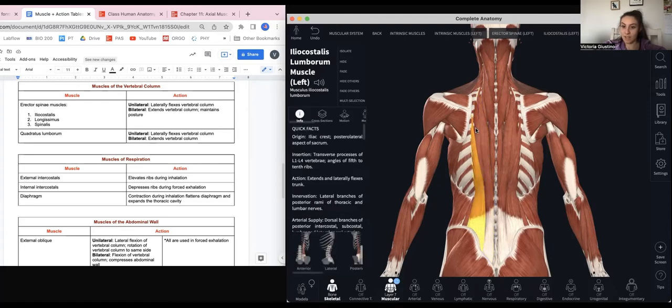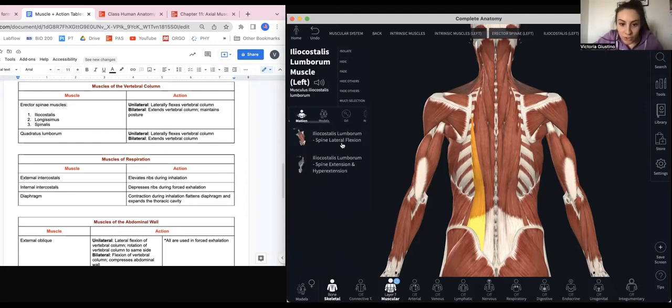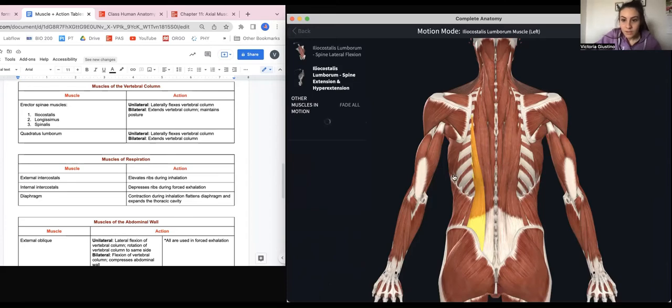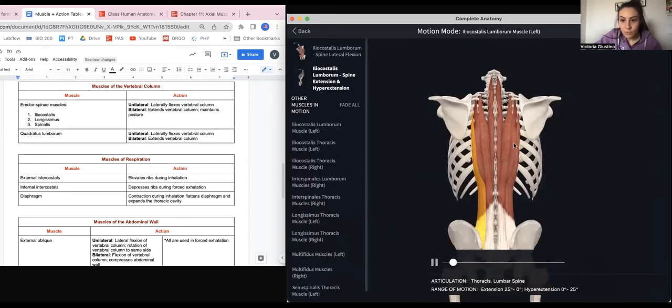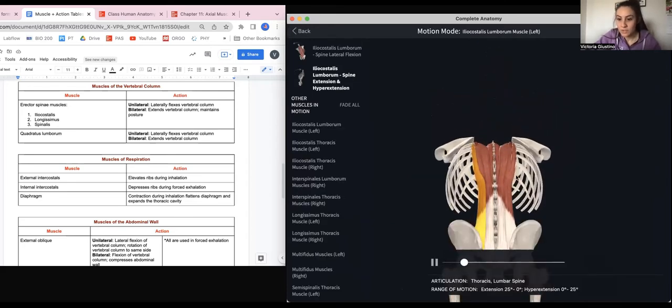So I like to say I is high for the erector spinae. And so what that means is going from I up here to O inferiorly. If you can imagine a rope, that's going to extend your spine, okay? And I'll show you that here. So that's not those muscles contracting.